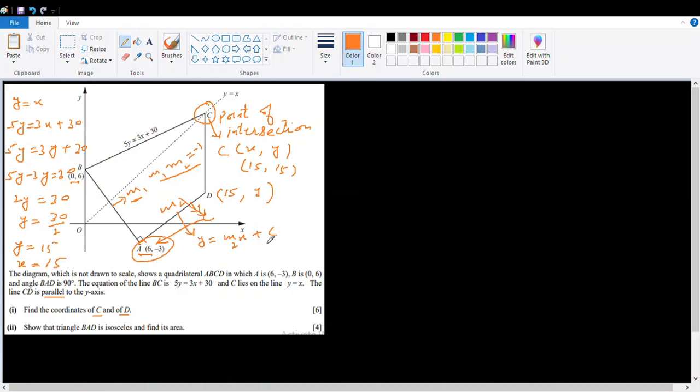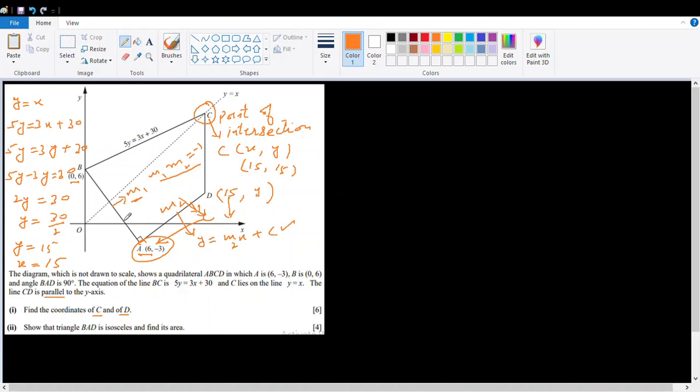After finding the equation of this line, we will substitute the value of x in this equation and we will get the value of y. So this is how we figure out the y coordinate of point D. I hope it's clear to you. So let's start working.